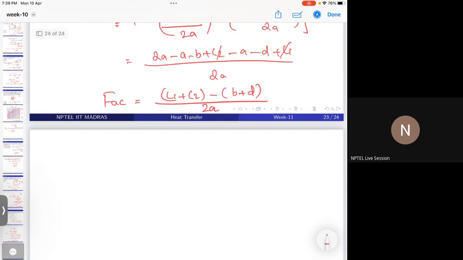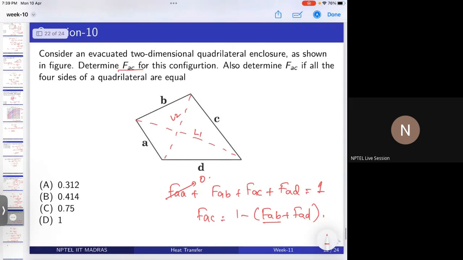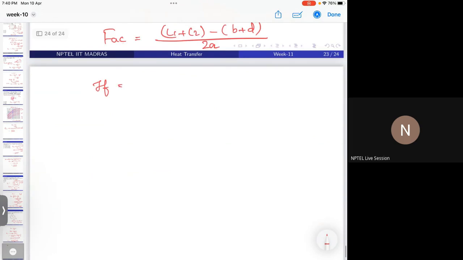Now, if all the sides of the quadrilateral are equal, which means it's a square, I am writing A is equal to B is equal to C is equal to D, which is equal to say X. Then all are X, right?